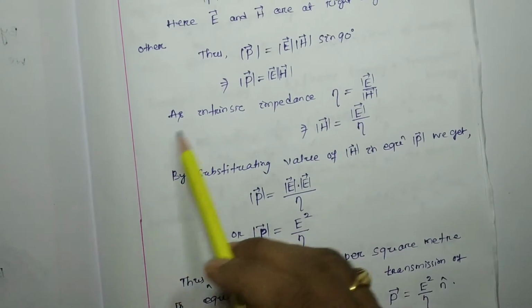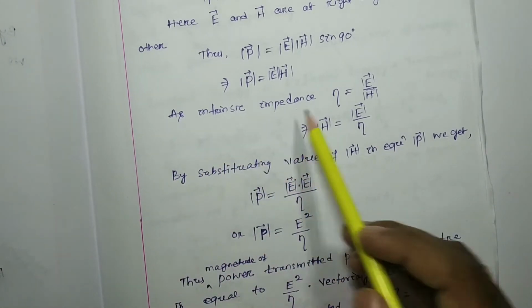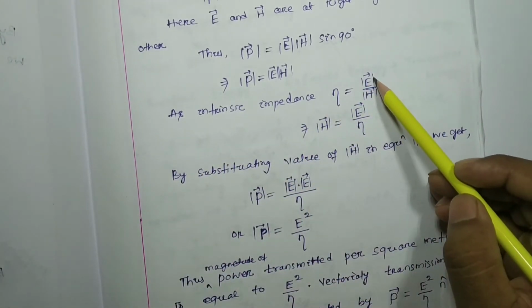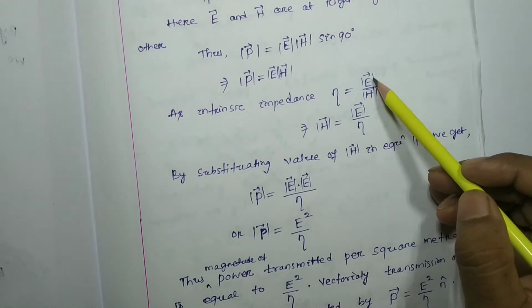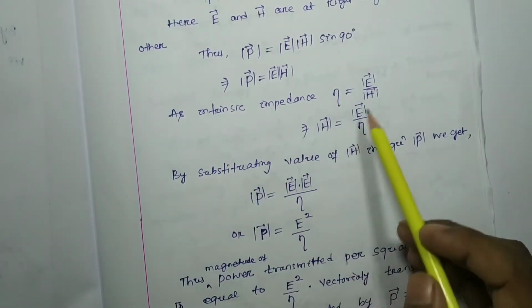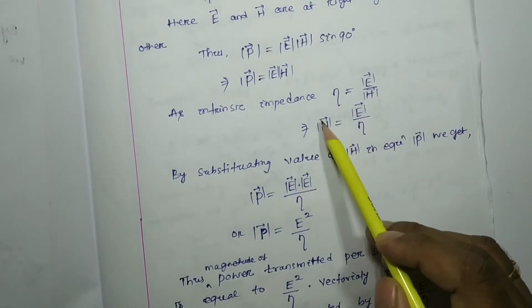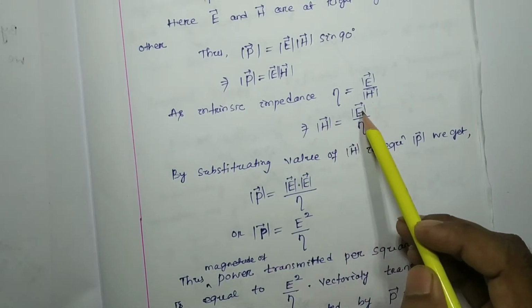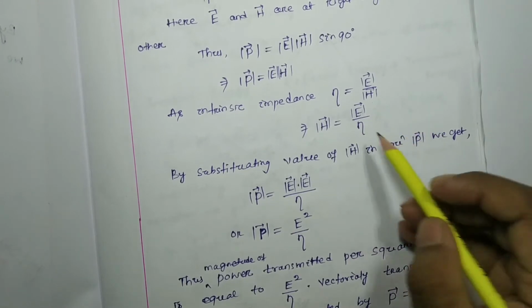But as we know, intrinsic impedance is nothing but E by H, with E modulus and H modulus being the amplitudes of E and H. So the amplitude of H will be equal to the amplitude of E divided by eta.